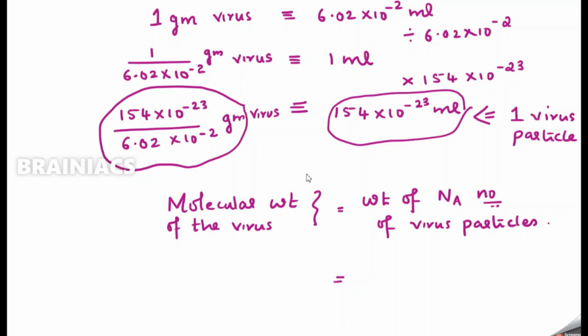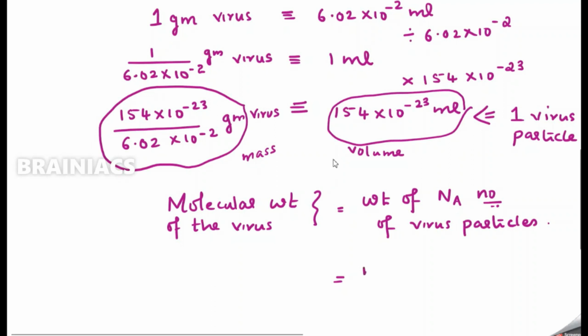This is the mass, and this is the volume. But the molecular weight of the virus is the mass of Avogadro number of particles. So one virus particle is weighing this much, and Avogadro number of particles means you need to multiply by Avogadro number.